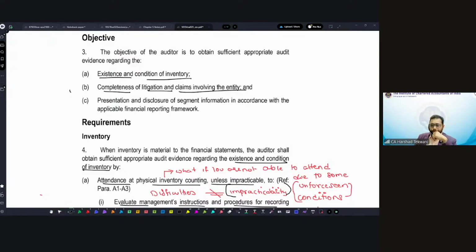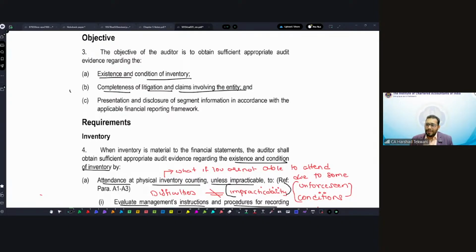Yes. So in that case, when you send out a letter to the external legal counsel, there are two ways to do it. One, sending an open-ended letter. Second, sending targeted letters, asking for specific information.